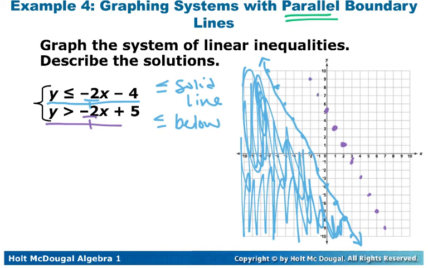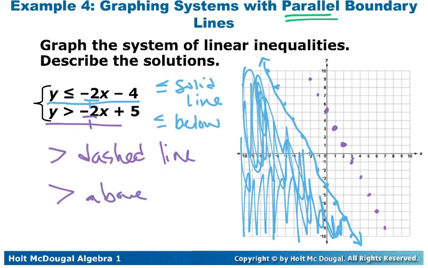This one now is going to be a dashed line. And then we're going to be shading above. So it's a greater than. So dashed line. And then again going to the y-intercept, we're talking about above, so up here.